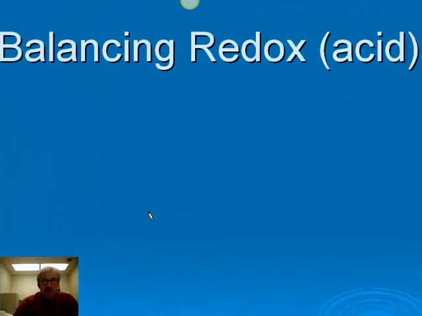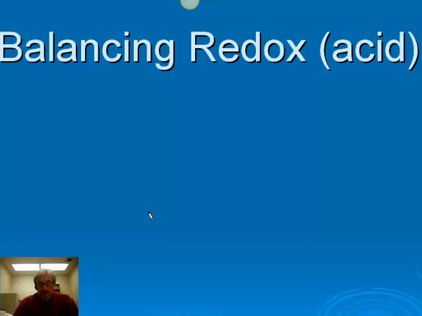Well, one of the most useful things about oxidation numbers is they allow us to find out where a reduction and oxidation is taking place. Once we've found that, we will often want to balance the redox reaction. Balancing redox reactions is not usually as simple as balancing the kinds of equations that we work with in metathesis and other kinds of reactions, double replacement reactions.